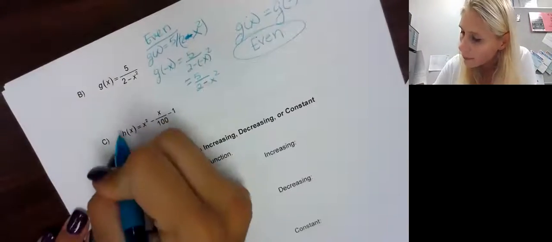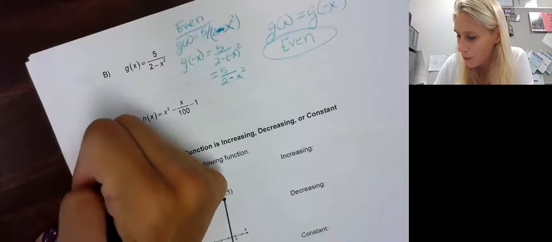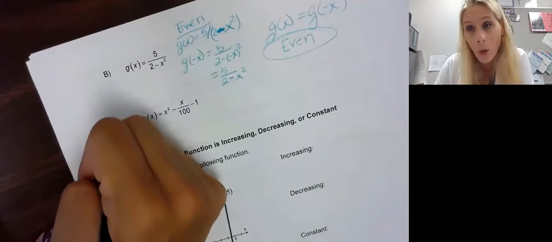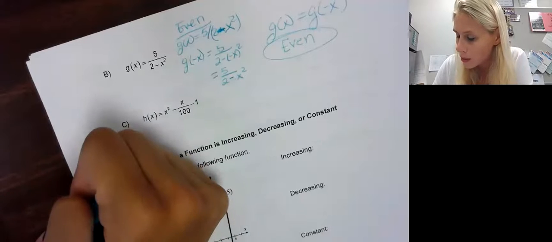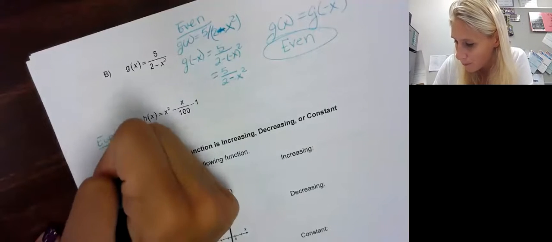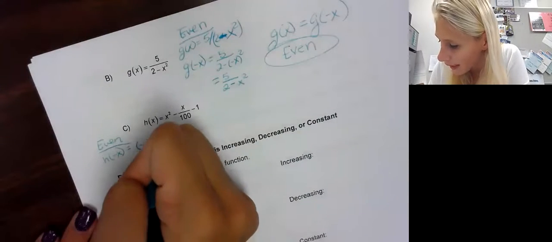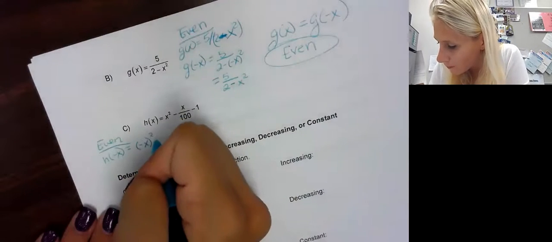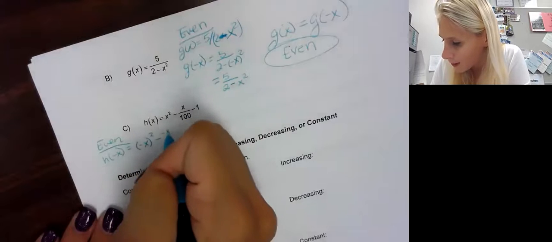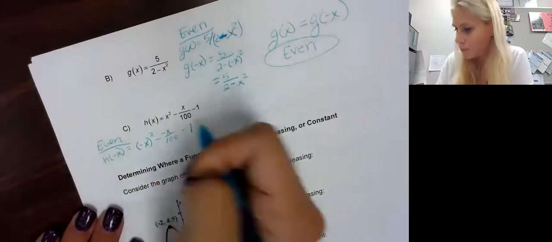So I'm not going to write h of x to solve for even because I'm going to run out of room. So I'm going to try this h of negative x and see what happens. So h of negative x would be a negative x squared minus a negative x over 100 minus 1.